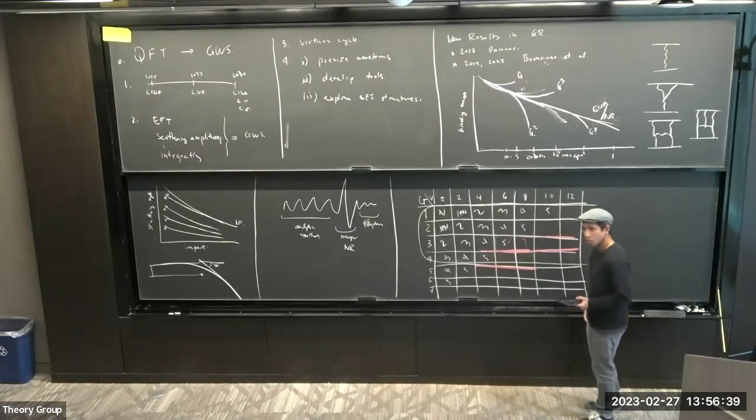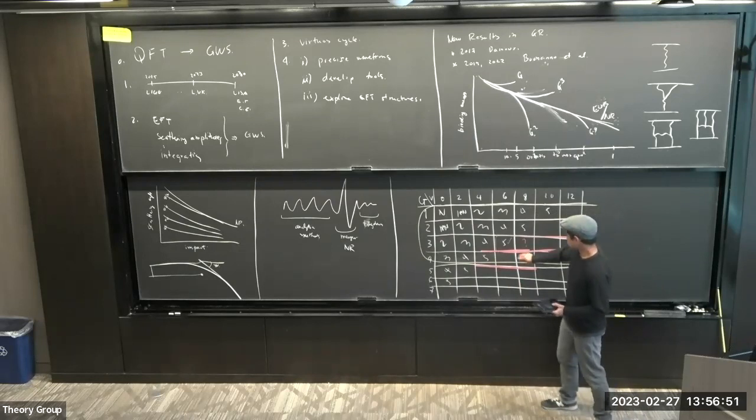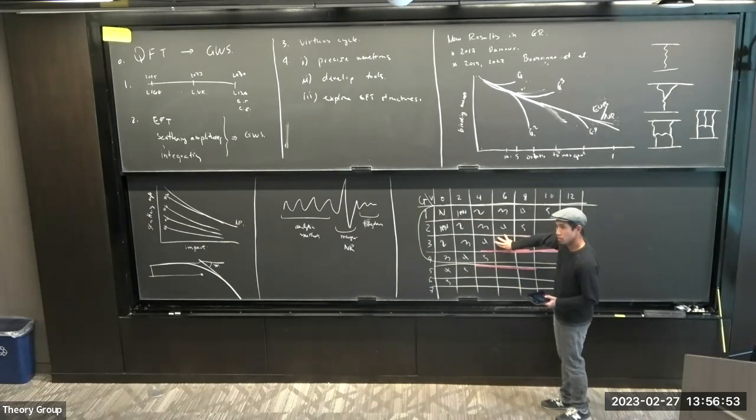Okay, so this 2 free parameter is now computed? Not yet. But you said using EFT, one can find 5PN. Just this part of 5PN, which doesn't depend on the 2 free parameters. Correct.